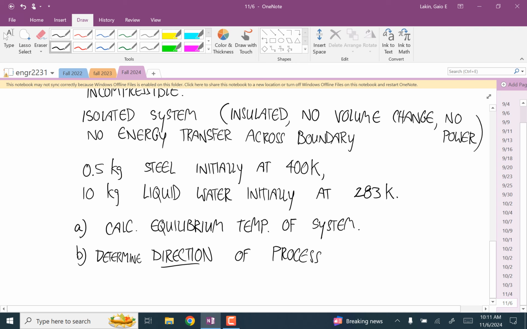Obviously everybody, including probably 5-year-old kids, would know that the direction has to be towards these things being in equilibrium. But here we can do that calculation.